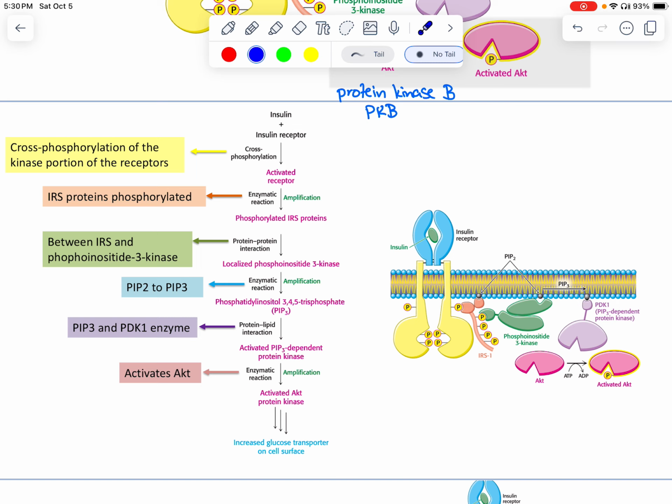Once we have that PIP3, now it can bond to this PIP-dependent protein kinase, which then activates this other kinase. And notice that there are several amplification steps where this can happen more than once, and hence we can get an extra effect. We don't need a single insulin molecule for every single reaction we want to occur.